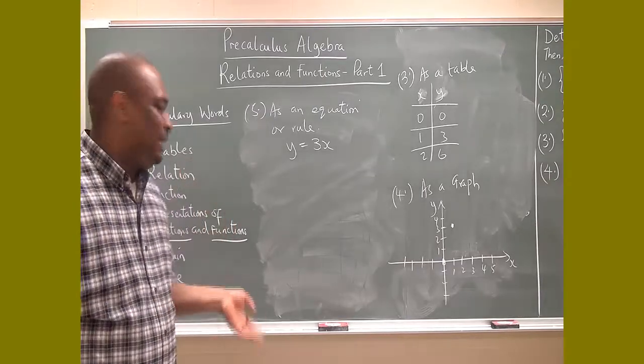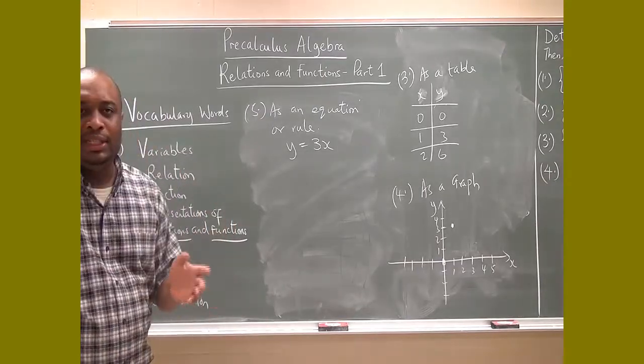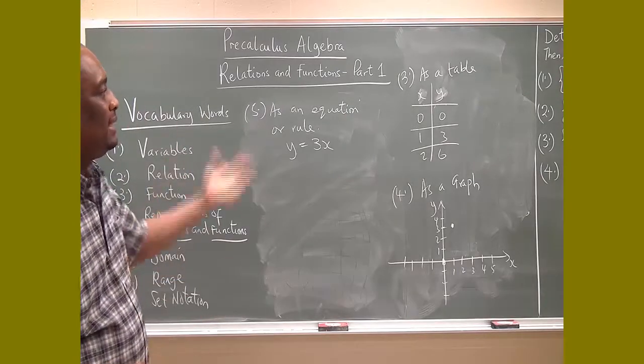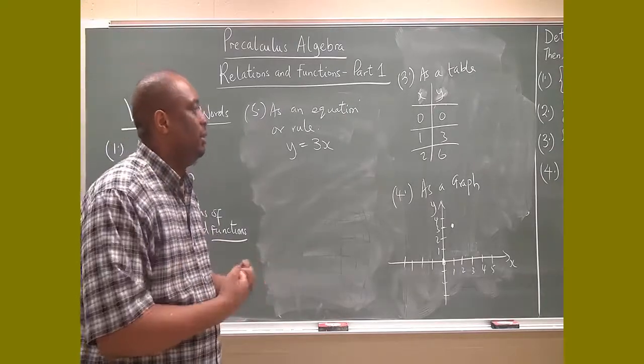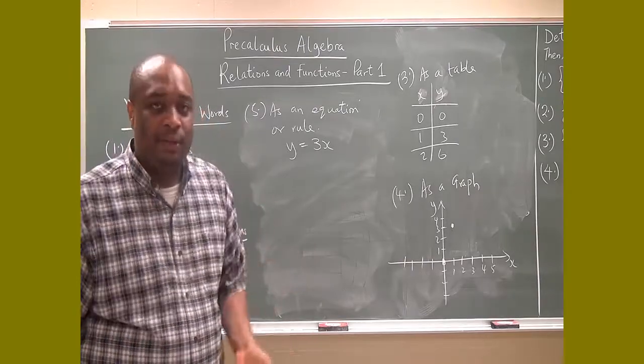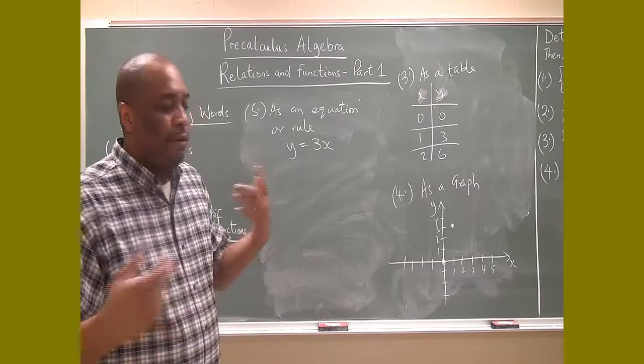We are going to determine the domain and range of these: domain and range from a table, domain and range from an equation, domain and range from a graph, domain and range from a set of ordered pairs, domain and range from a mapping.